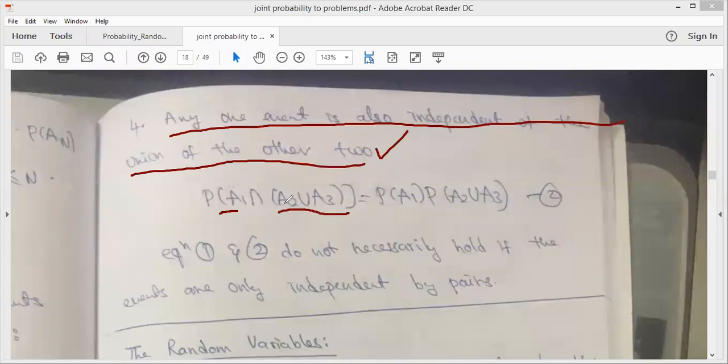When two events are independent, probability of A intersection B can be written as probability of A into probability of B. In the place of A we have A1, so it is probability of A1. In the place of B we have A2 union A3, so it is probability of A2 union A3. So these are the four properties of independent events.